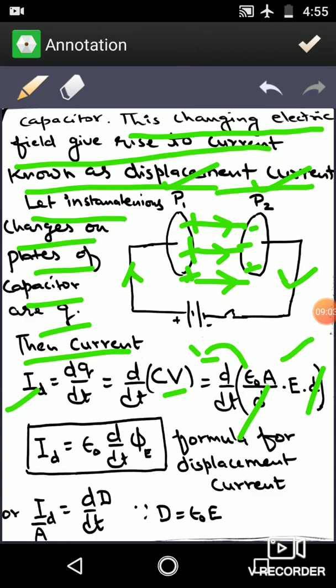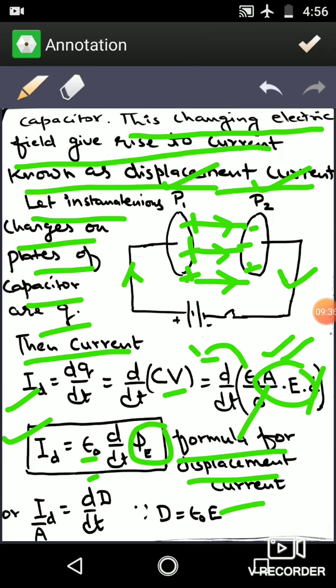E dot A. And E dot A is nothing but electric flux, phi E. Okay, and epsilon naught is taken outside. Therefore, we have a formula for displacement current: I_D is equivalent to epsilon naught d upon dt of phi E, where phi E is electric flux. This is the formula for displacement current.